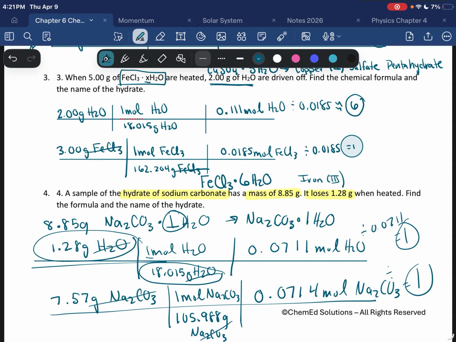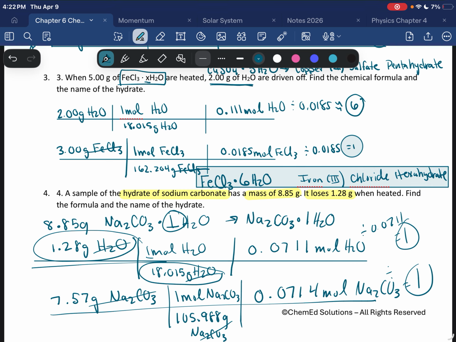Chloride is 1 minus. Iron 3 chloride hexahydrate.